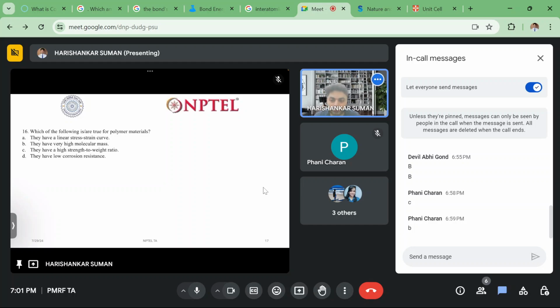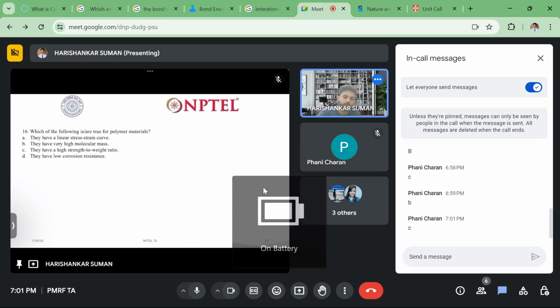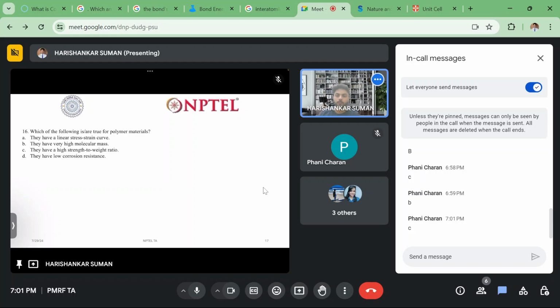Please comment about this question. So B and C: they have very high molecular mass. We can see the chain, so obviously molecular mass will be high, and they have high strength to weight ratio.